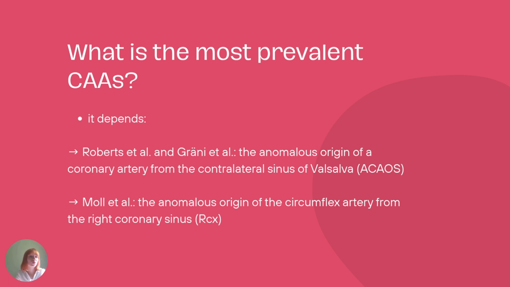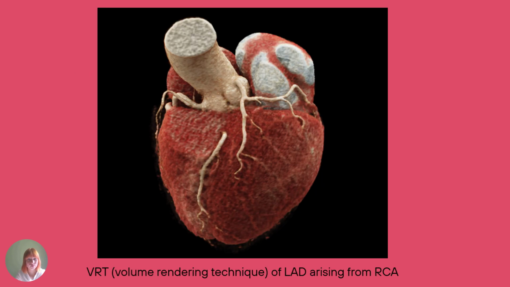And we can ask a question: what is the most prevalent coronary artery anomaly? It depends on research, because some of the works say it's anomalous origin of the coronary artery from the contralateral sinus of Valsalva, but others that it's anomalous origin of the circumflex artery from the right coronary sinus.